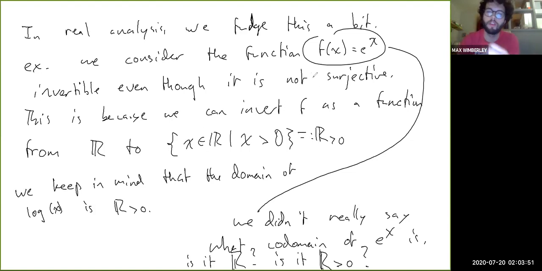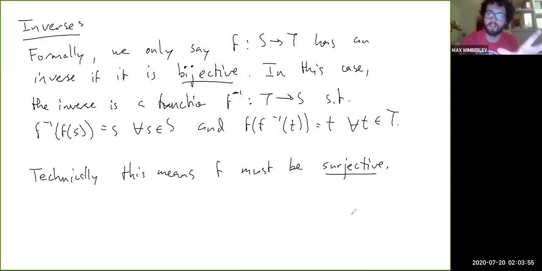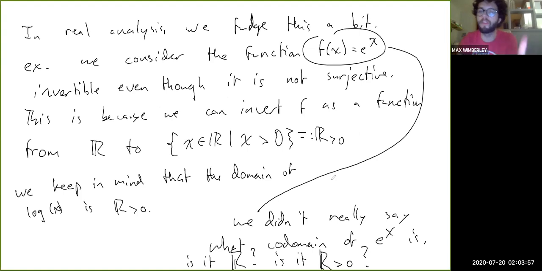So you have to really learn all these annoying formal technicalities before you can safely ignore them, to some extent at least. In this case, this is pretty benign. You can probably figure out how to talk about whatever you want to talk about with a function like e to the x, but it's just good to always have it in the back of your mind that these kinds of issues sort of lurk in the background, okay?